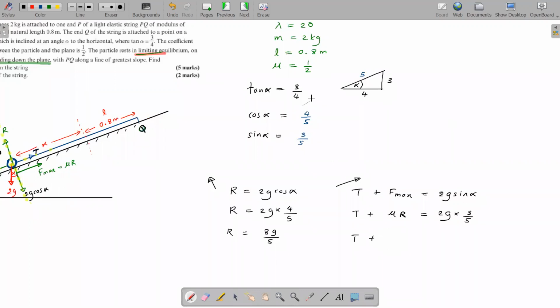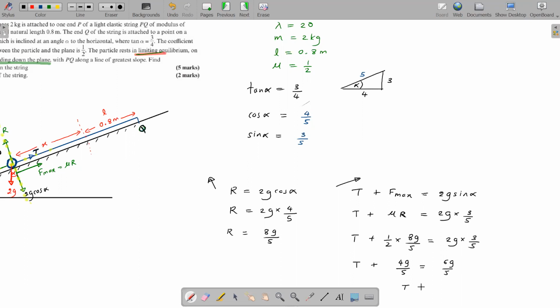Mu is given to us. In the question, mu is given as half. Normal reaction we just found. It is 8g/5 equals 2g into 3/5. Agreed? So I get here tension plus half into 8g, which is 4g/5, equals 2g into 3/5, which is 6g/5.